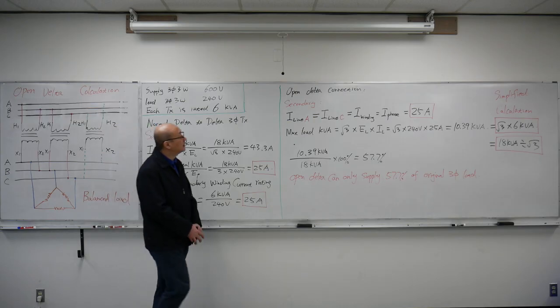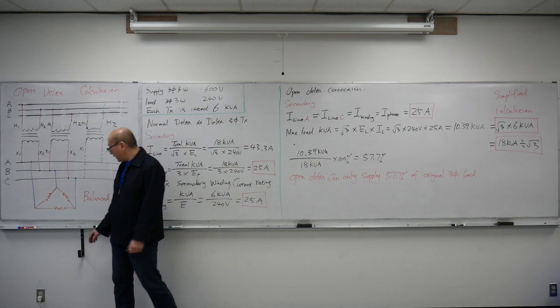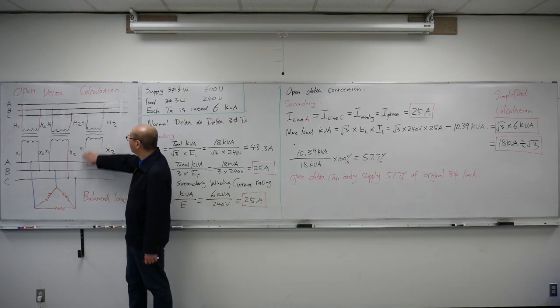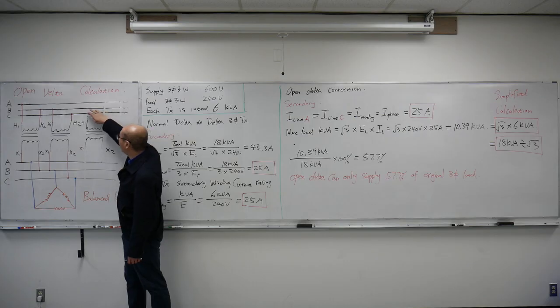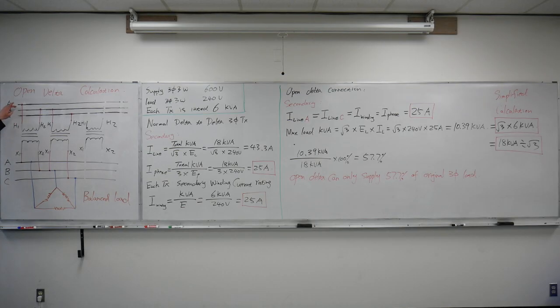Now let's look at what happens if we remove one of the transformers. The green line is not going to exist anymore. We only have two transformers connected. For these two transformers, we still connect the primary side to line A, line B, line C, and the secondary side still connects to line A, line B, line C. But here it's slightly changed.